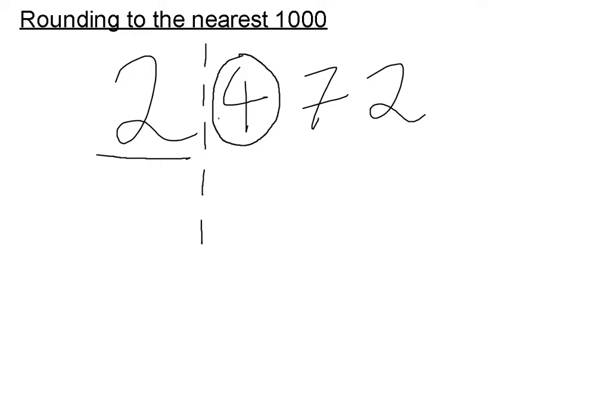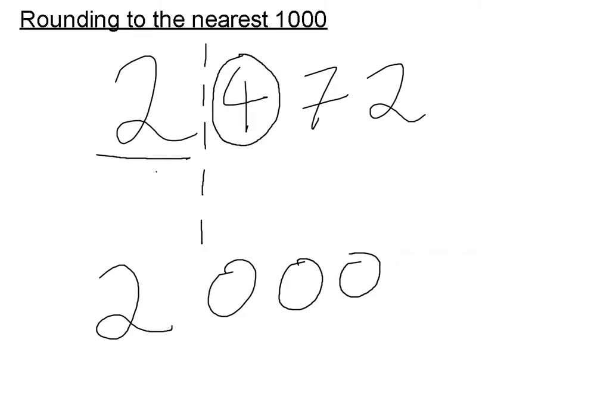Now, 4 is less than 5, so that tells me to round down. So I end up with 2,000. Remember, rounding down just means that we leave the underlined digit as it is, and everything after that underlined digit becomes 0. Rounding up just means you increase the underlined digit by 1.